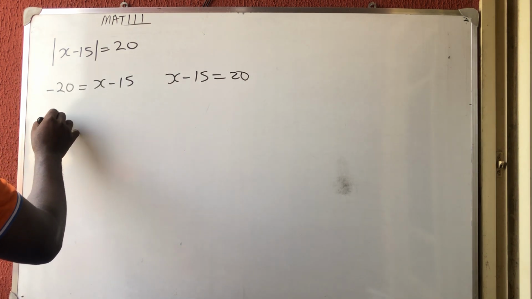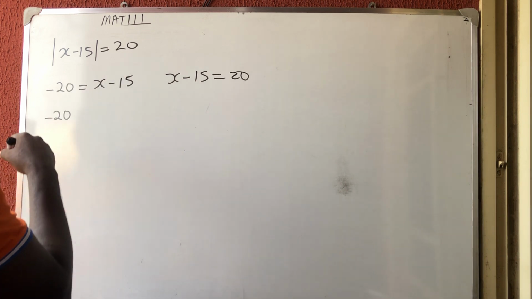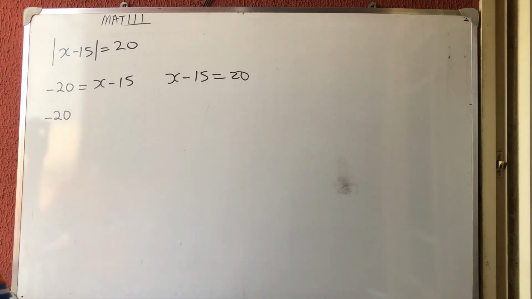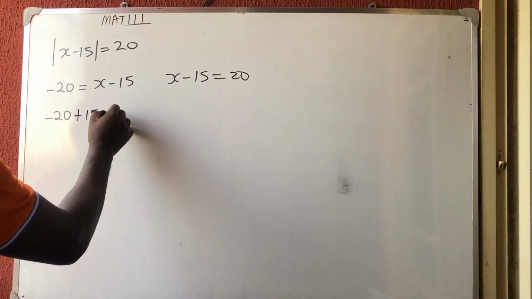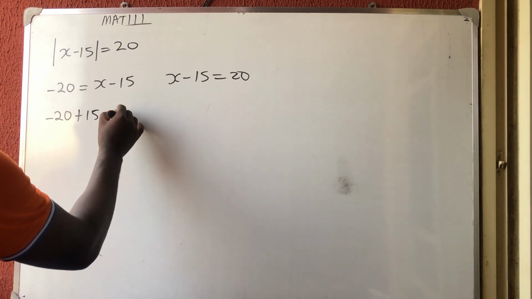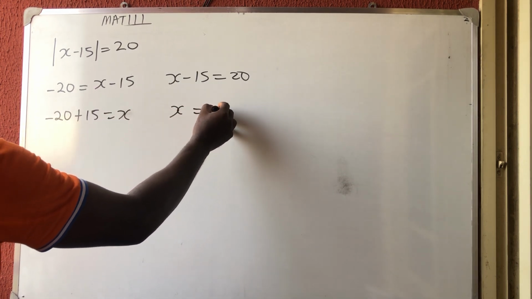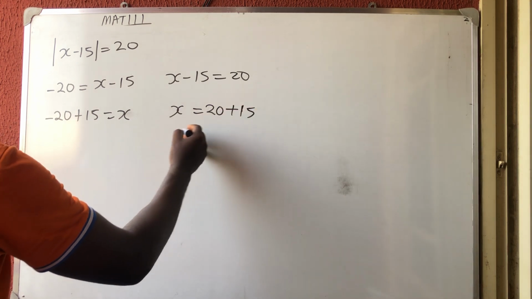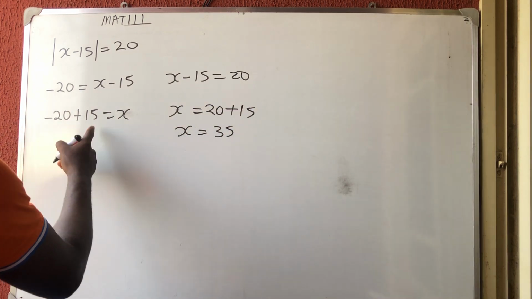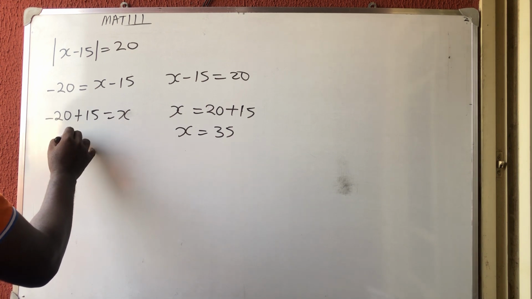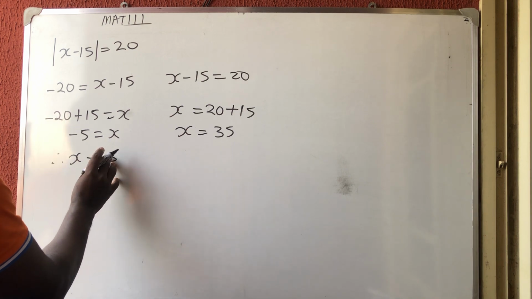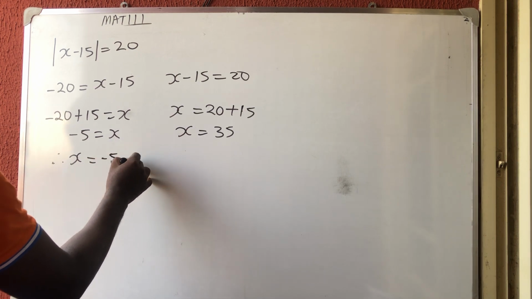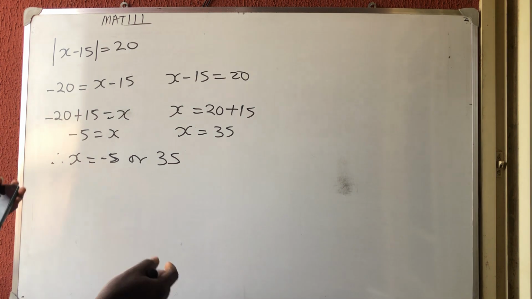We are now having minus 20, this one crossing here, you have plus 15 is equal to x. And then x here is equal to 20 plus 15, so x here is equal to 35. And x here is minus 5. So therefore x is equal to minus 5 or 35. As simple as that.